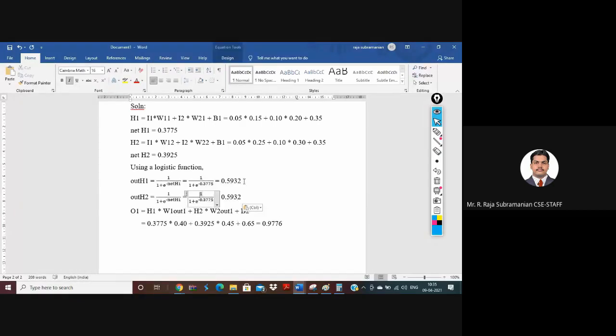Instead of H1, I use H2. Instead of e power minus 0.3775, my H2 is 0.3925, and I'll get a slightly different answer, 0.5968. That's the answer. Abhiram, have you checked the answer for both?